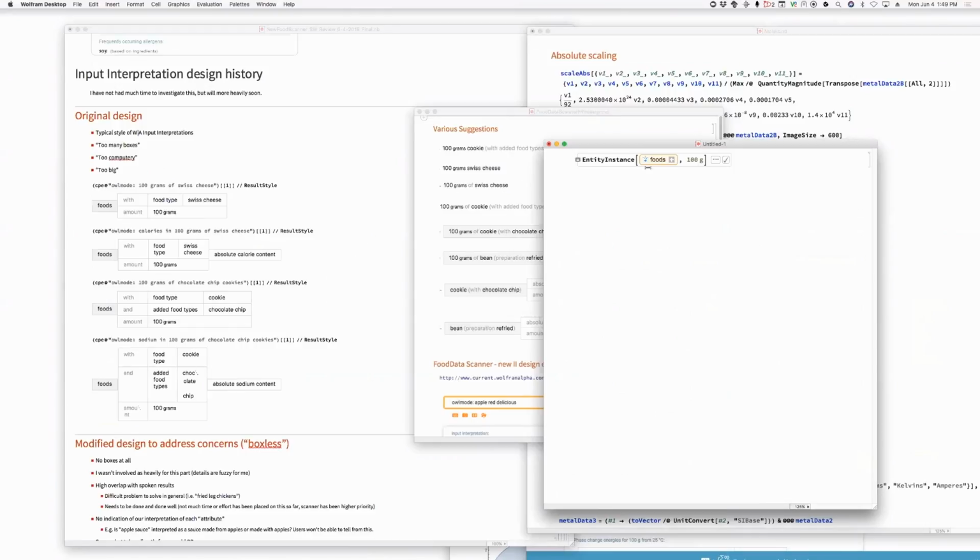I'm not sure. Oops, that's not what I wanted to do. What a mess.